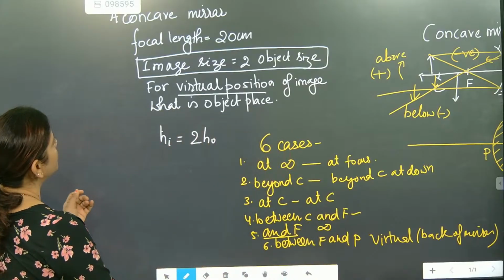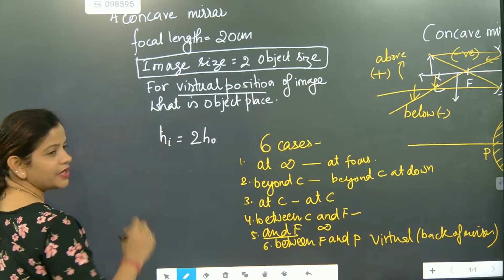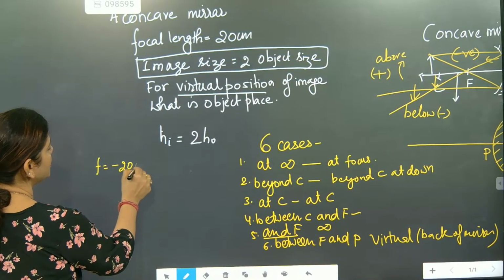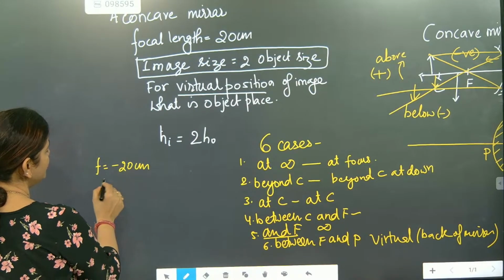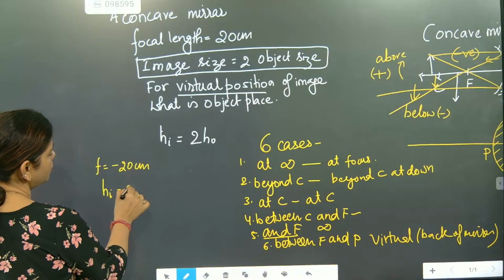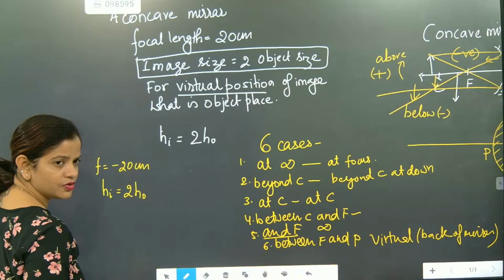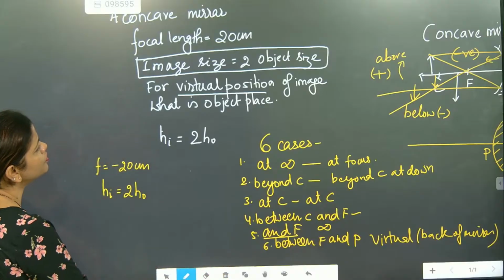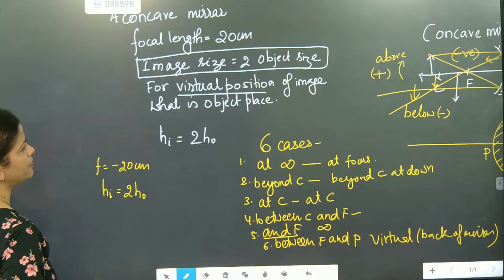Okay, so now look at it. Concave mirror focal length 20 centimeters. So the focal length will be what? Minus 20 centimeters. After that, what are they telling? Image size is 2 times the object size. Understood? So here only magnification can help us. For the virtual position of the image, find the object place.